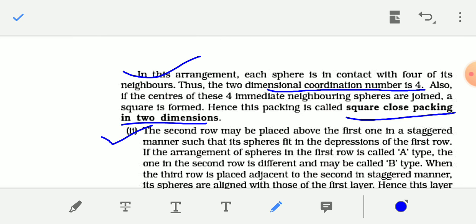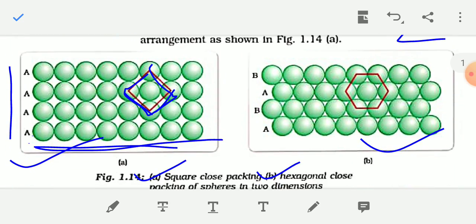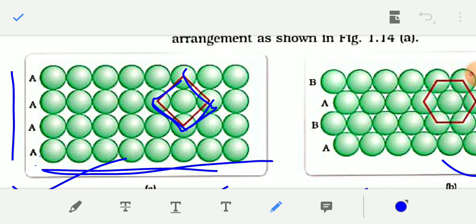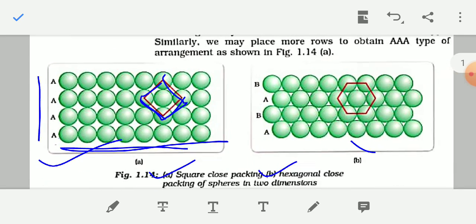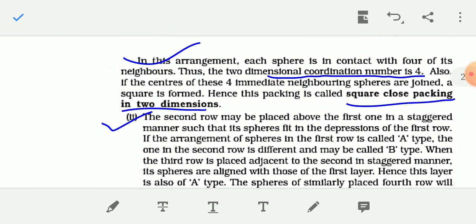Hence this packing is called square close packing in two dimension. The coordination number is 4, and this is known as square close packing because if the centers of these four immediate neighboring spheres are joined, a square is formed.